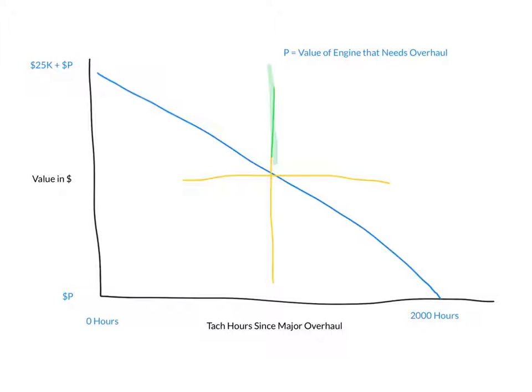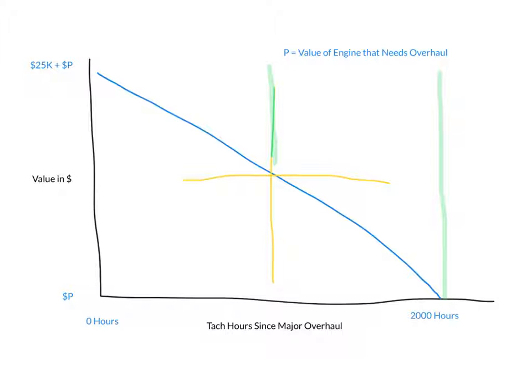And down here at around 2,000 hours, when the engine has no value to us as people who want to fly airplanes, we now have about $25,000 in the bank, which we're then going to use to overhaul the engine, and we're going to return ourselves back to the left side of the graph here with an overhauled engine ready to be used again.